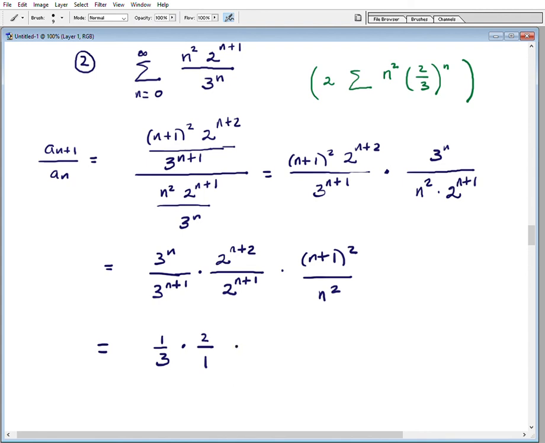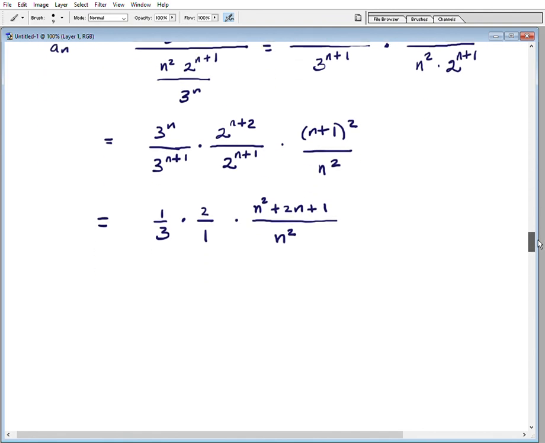And over here we have n squared plus 2n plus 1 over n squared. So what does this go to? Here I'm just going to keep writing 2/3, and here just divide by n squared, so we have 1 plus 2 over n plus 1 over n squared.